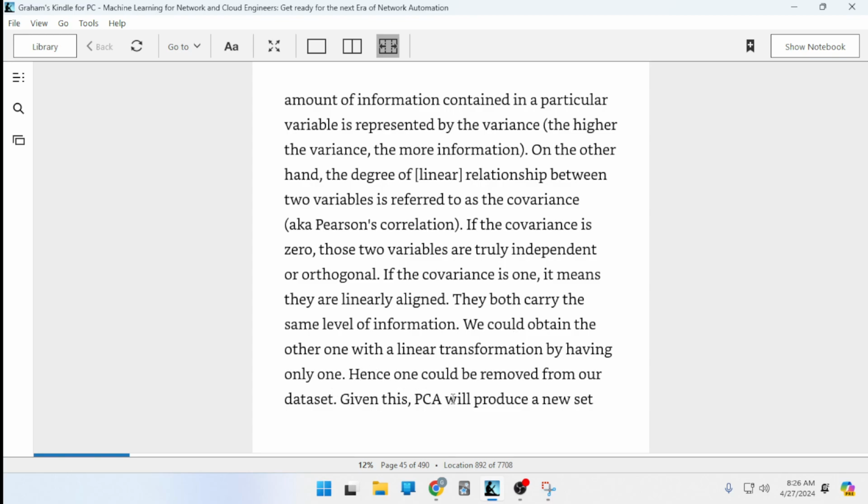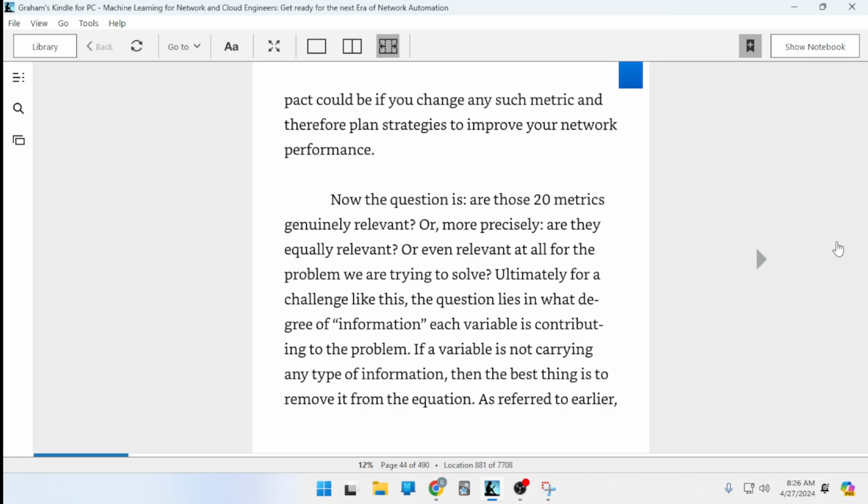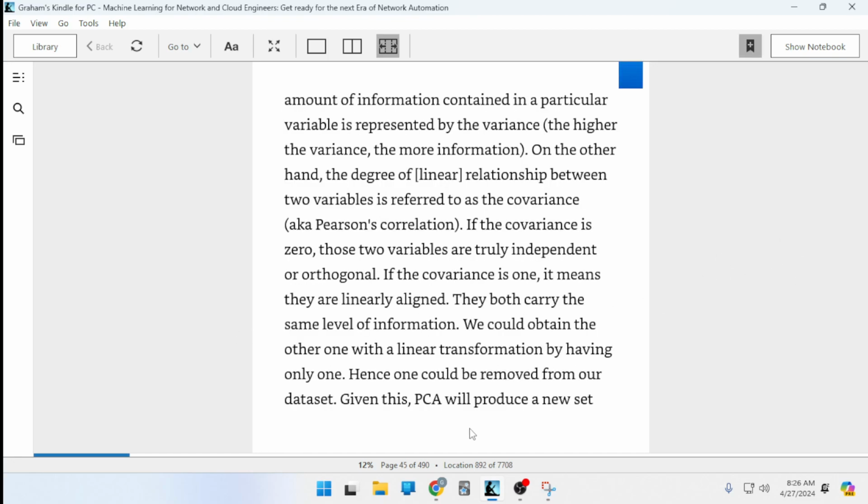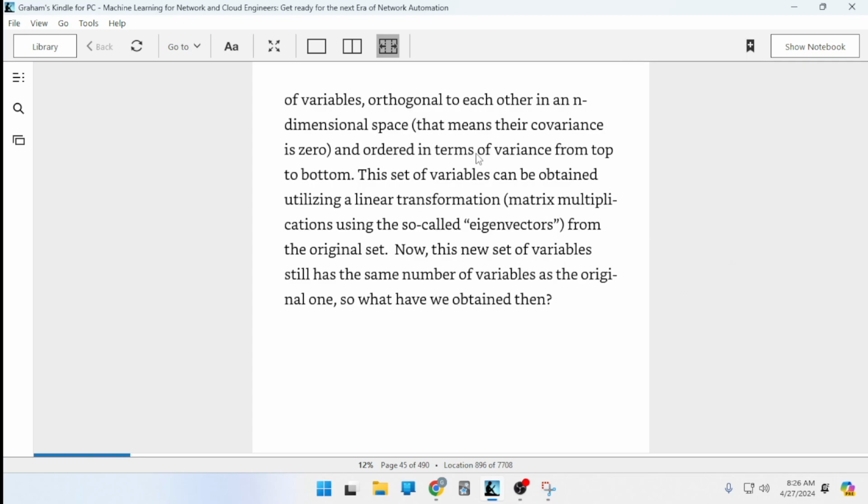Given this, PCA, which we remember stands for principal component analysis, will produce a new set of variables orthogonal to each other in an n-dimensional space. That means their covariance is 0 and ordered in terms of variance from top to bottom.